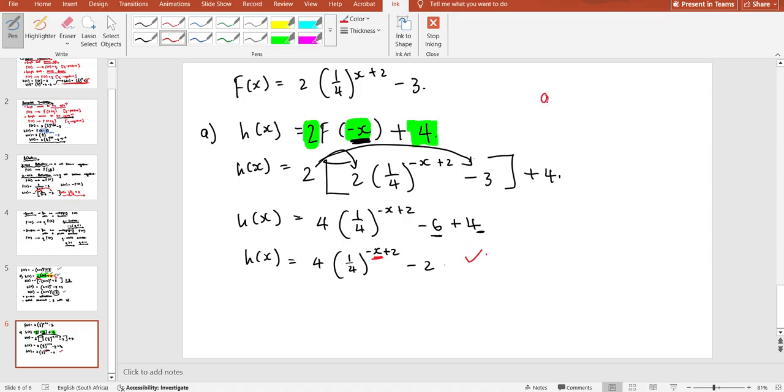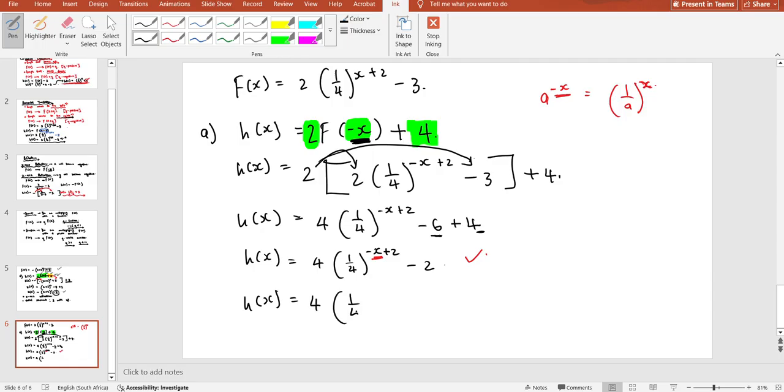I'm going to use this law that says a to the negative of x, I can rewrite as 1 over a with a positive x. I hope you're seeing that law, guys. So that law says if the exponent is negative, it's an exponential law, you can just flip the base and write it as a positive exponent. So that's what I'm going to do. But before I do that, I need to factor out a negative.